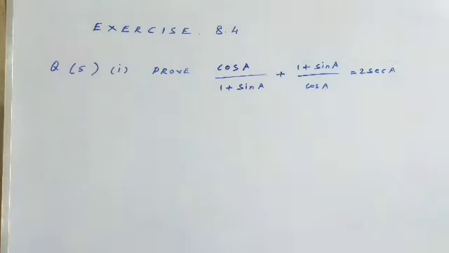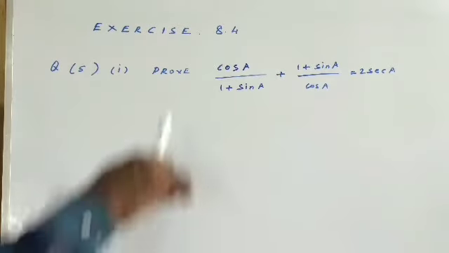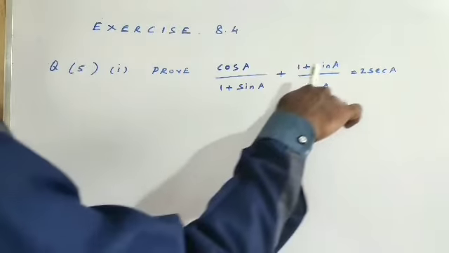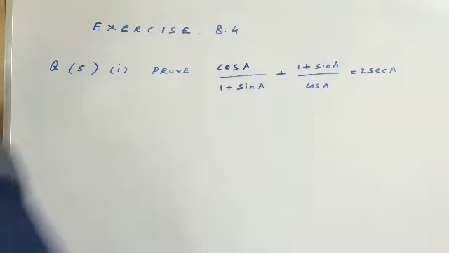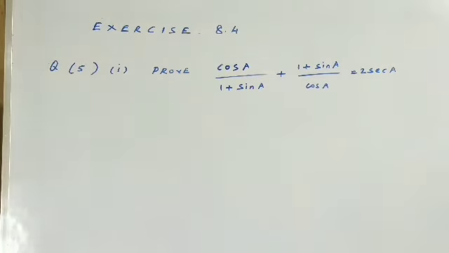Now listen, subdivision 2 of question number 5. Here they have given cos A by 1 plus sin A plus 1 plus sin A by cos A equal to 2 secant A. Now by taking LHS, we can prove RHS.